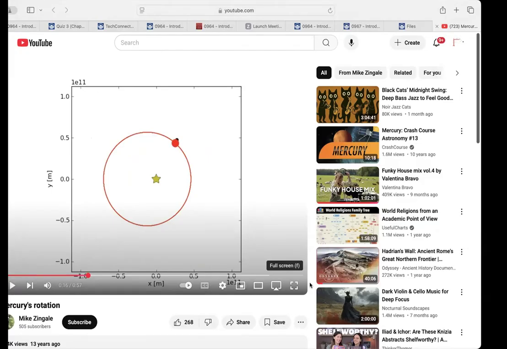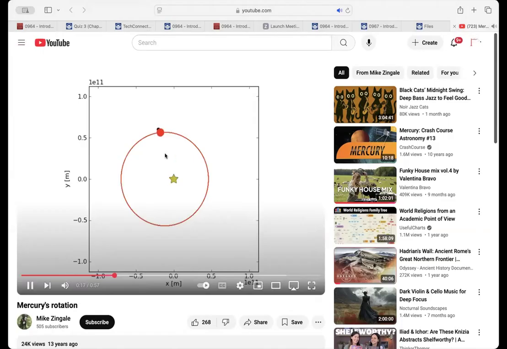No, it's stopped right now. Ah, shoot. Okay. Interesting. So when I enter full screen, it doesn't show up. Okay. All right.